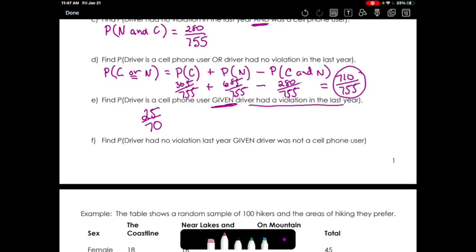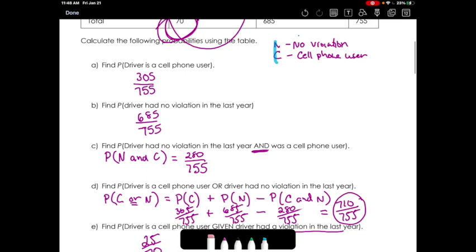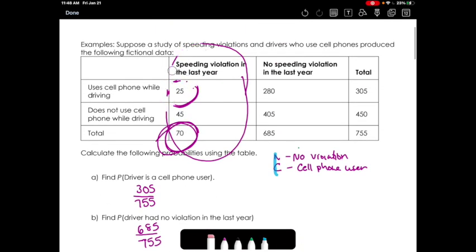of 70. Now the last example was the driver had no violation given that the driver was not a cell phone user. So this is our given assumption now. So we want to look at that specific group and find the probability that the driver did not have a violation.